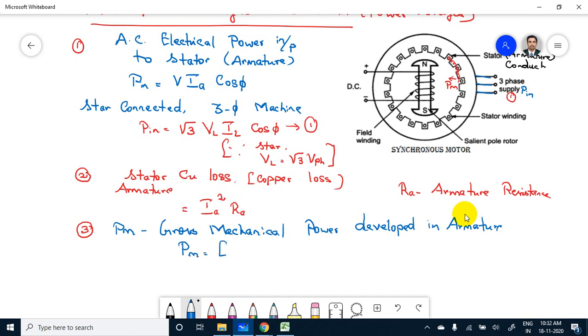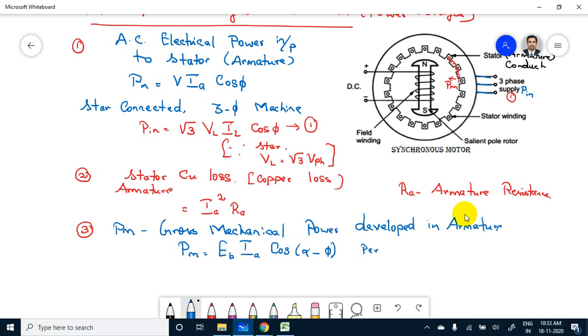PM equal to EB, EB is the back EMF, into armature current, IA, into a cosine of angle between IA and EB, cos of alpha minus phi, per phase.